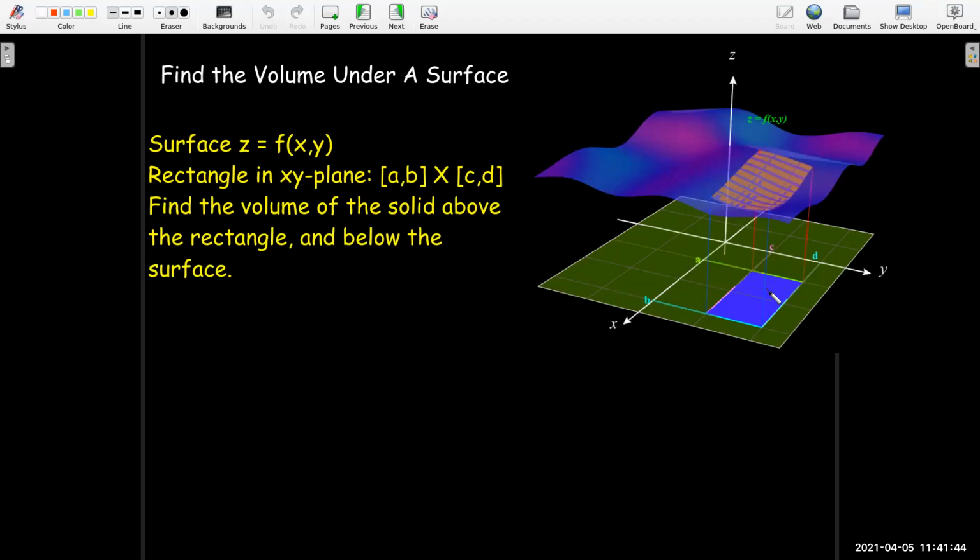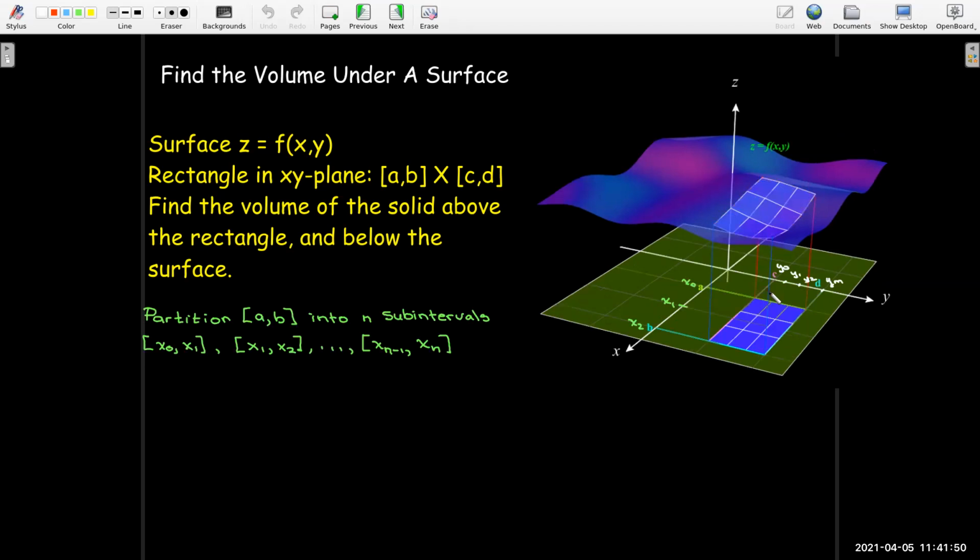So we're going to proceed in a very similar way as we did in Calculus 1. What we're going to do is break up a comma b into n subintervals. We'll break up c comma d on the y-axis into m subintervals.